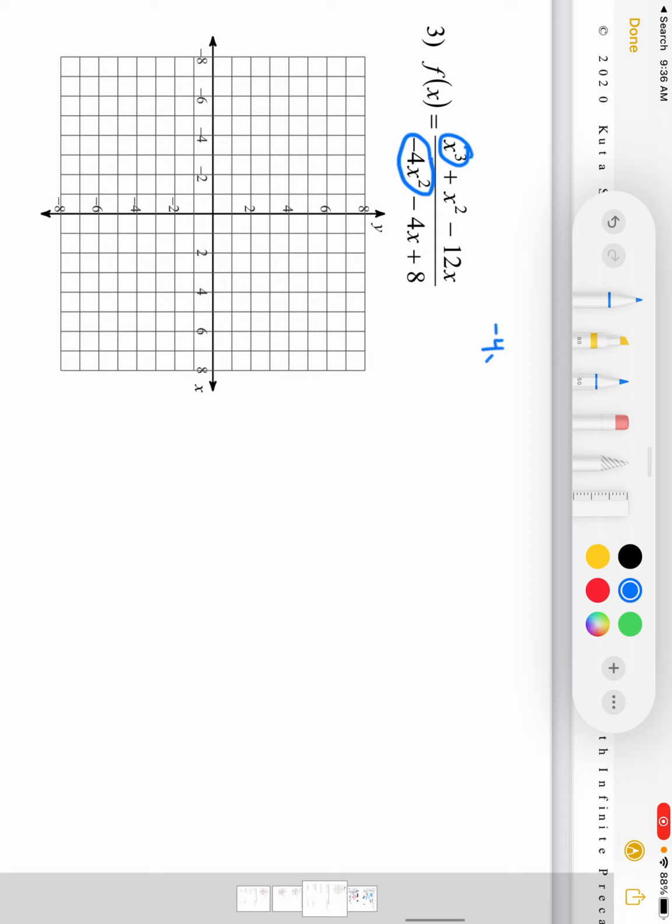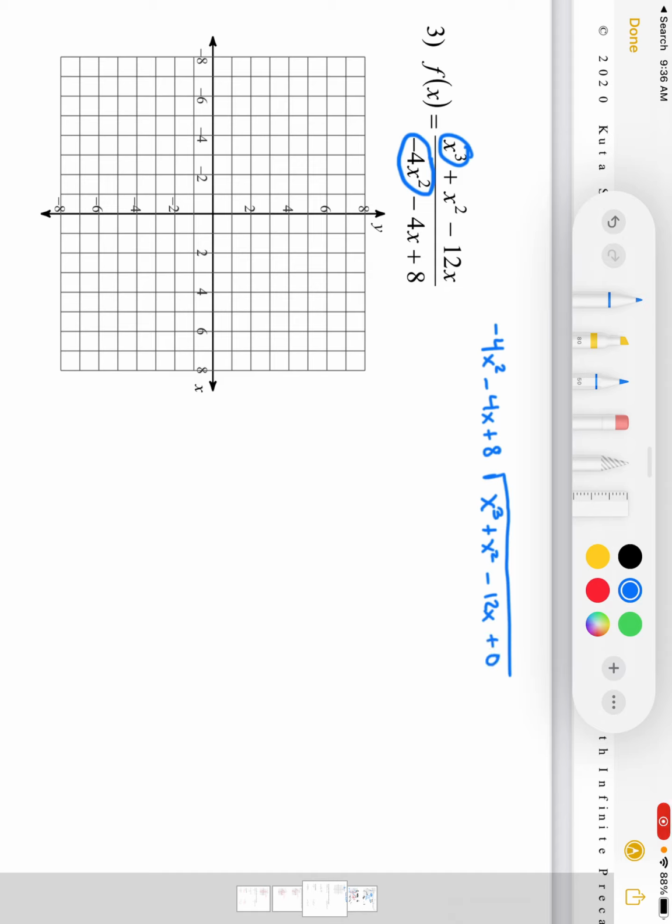We're going to do long division. So -4x squared minus 4x plus 8 is going to divide into x cubed plus x squared minus 12x plus 0.